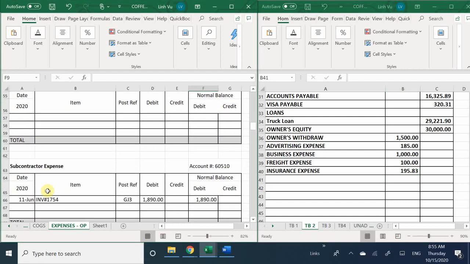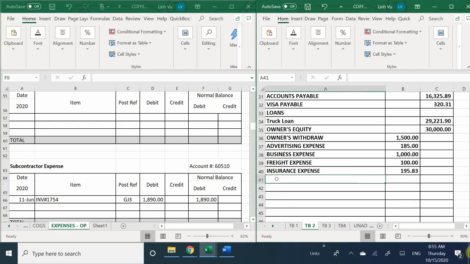Did we incur one? Yes, we did. We have a subcontractor expense. So here, labor expense. All right, and it's for the subcontractor, which is going to be for a total of $1,890.